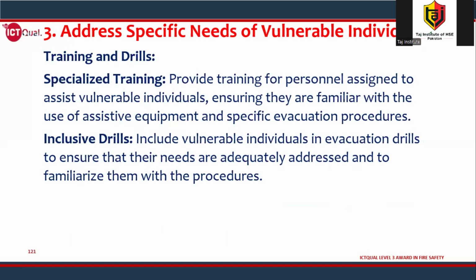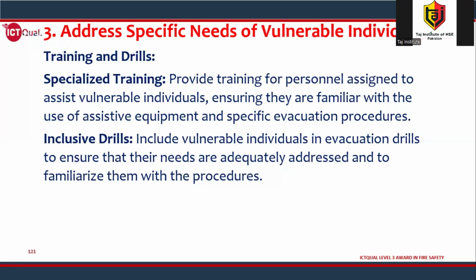Specialized training. Provide training for personnel assigned to assist vulnerable individuals, ensuring they are familiar with the use of assistive equipment and specific evacuation procedures. Inclusive drills. Include vulnerable individuals in evacuation drills to ensure that their needs are adequately addressed and to familiarize them with the procedures.